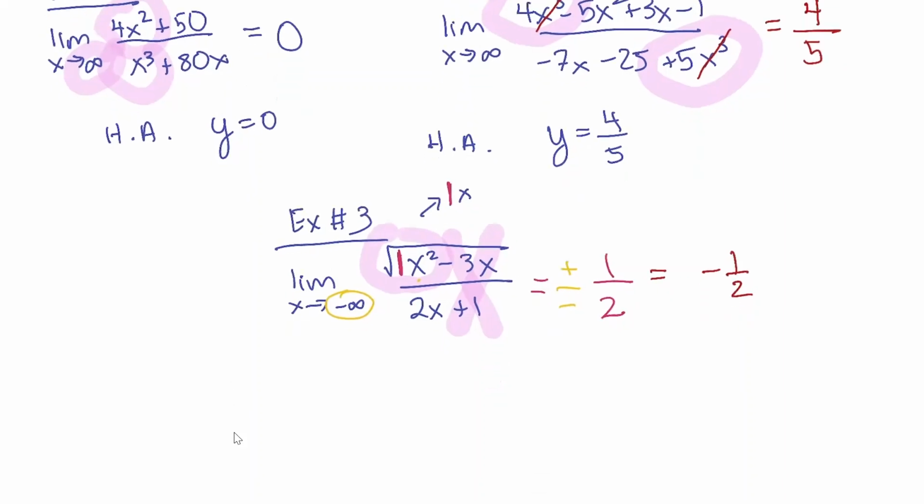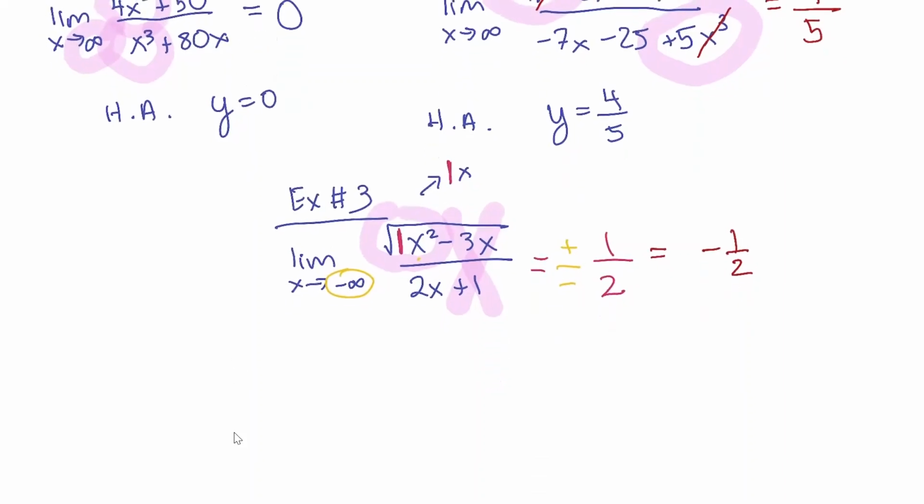So be aware of signs. The same thing when it's top heavy. You want to determine, it will be infinity, but will it be positive infinity or negative infinity? So we have negative 1/2 as our answer. And if the question asks for horizontal asymptote, my horizontal asymptote is y equals negative 1/2.